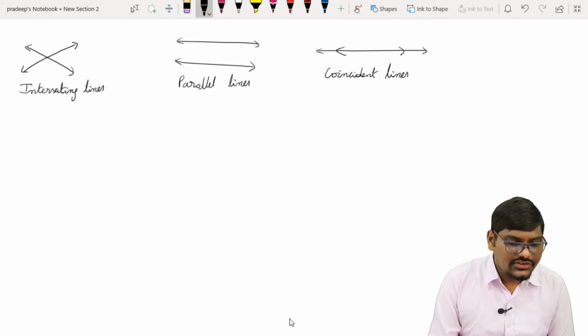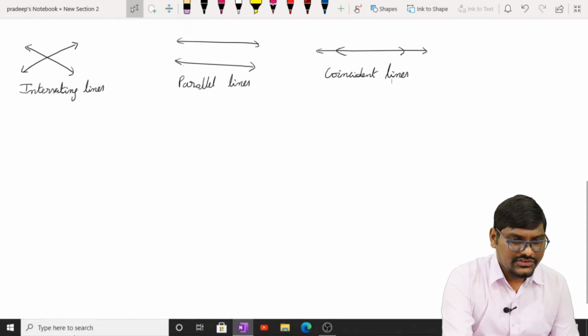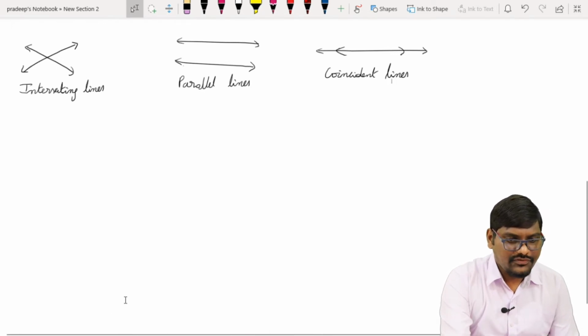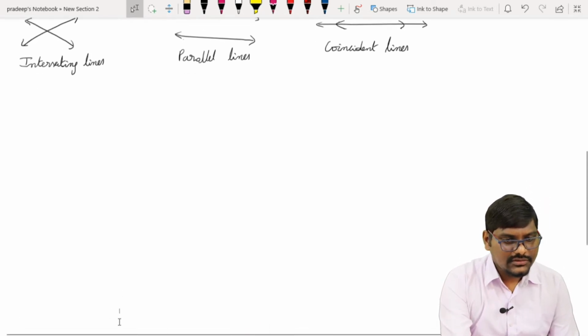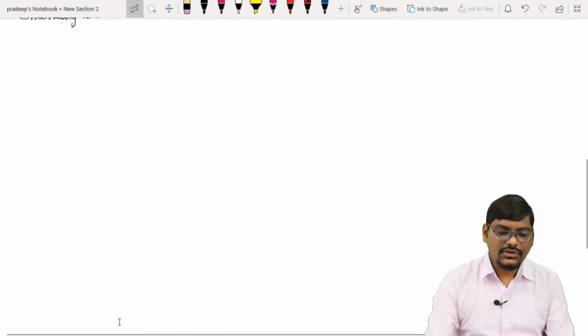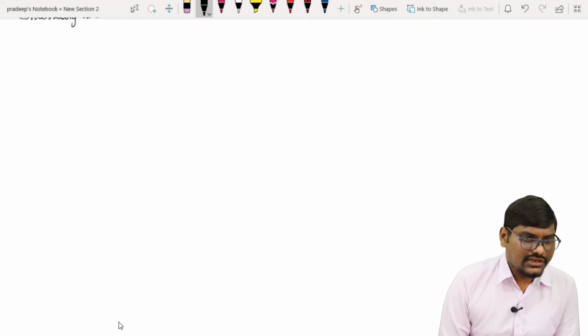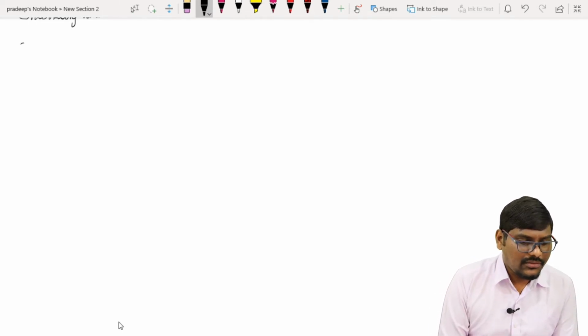Okay, so let's see the rules of this particular line format. I'll take a different example for each for your understanding, and I'll try to explain more clearly. First we'll see intersecting lines. There is a form: suppose a1 by a2 equal to b1 by b2 equal to c1 by c2.